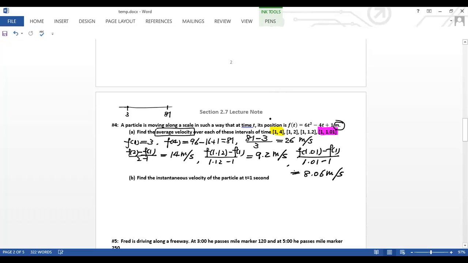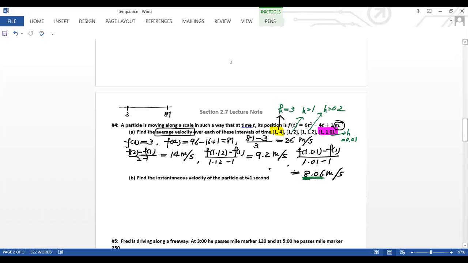So that means when my times are in these intervals, if you take a look, the h is equal to what? This h equal to 3, this h equal to 1, this h equal to 0.2, this h equal to 0.01. So as you see, when the h gets closer and closer to 0, my average velocity is going to come to some number.